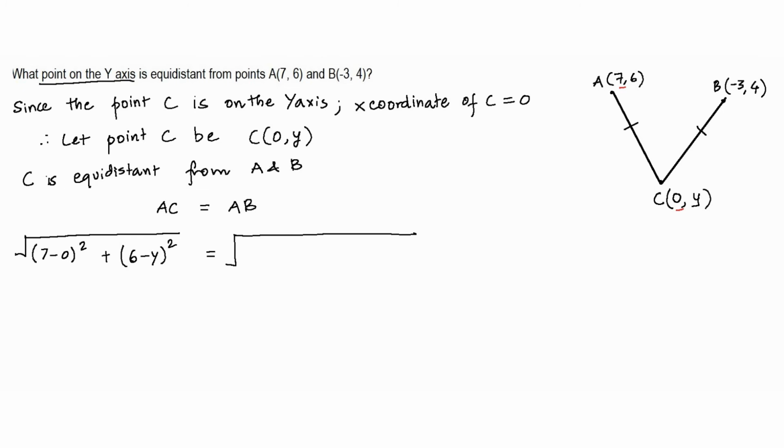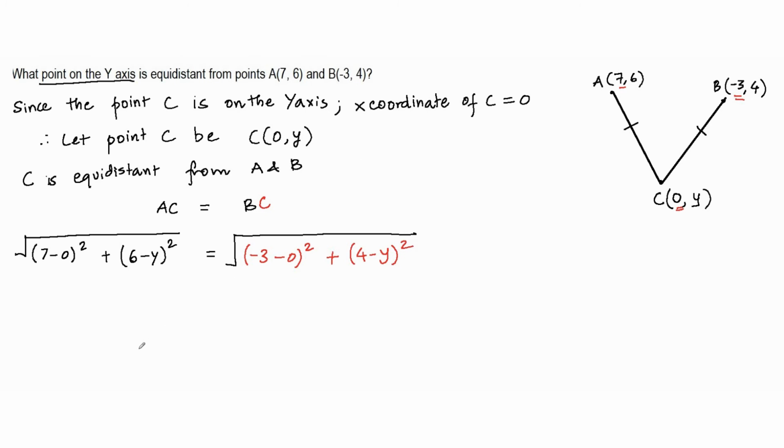by the way, C is equidistant from A and B. That implies that AC is equal to BC, right? Not AB. So AC is equal to BC. That means for the distance between points B and C, I will now have to take the x coordinate of B and C. So that's going to be -3 minus 0 the whole square plus the difference in their y coordinate, that is 4 minus y the whole square.